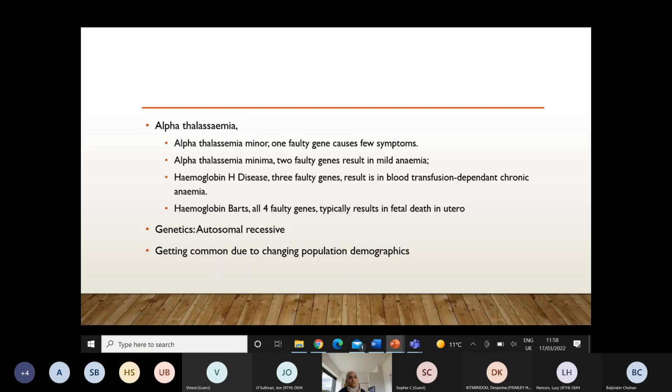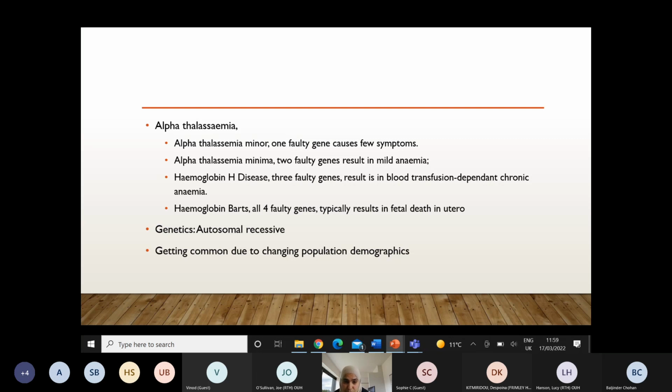If you have 3, it is called hemoglobin H disease, with blood transfusion dependent chronic anemia. And 4 faulty genes is not viable, and you have hydrops fetalis and severe anemia in utero and a very complicated pregnancy, with an impact on mom as well, such as severe preeclampsia and other problems.